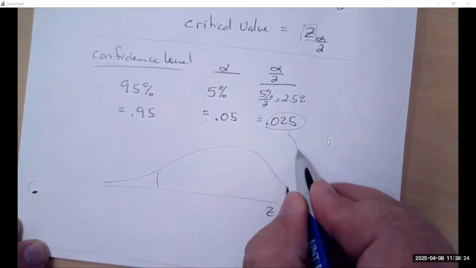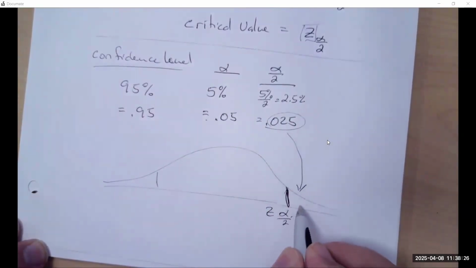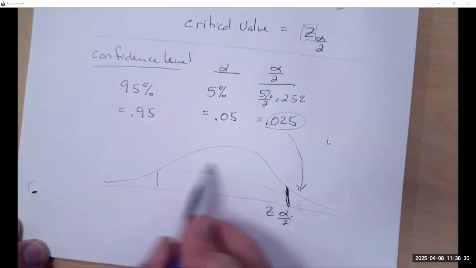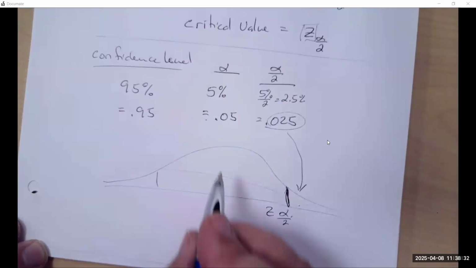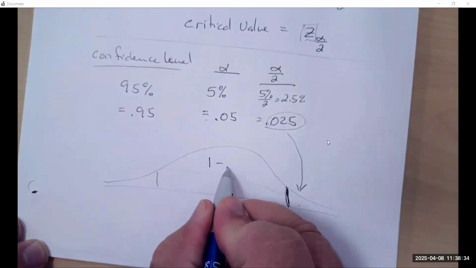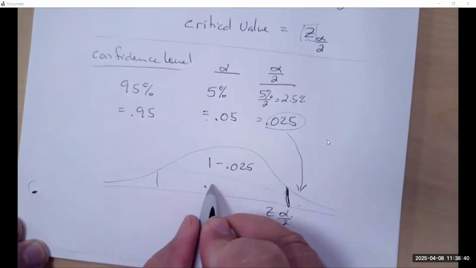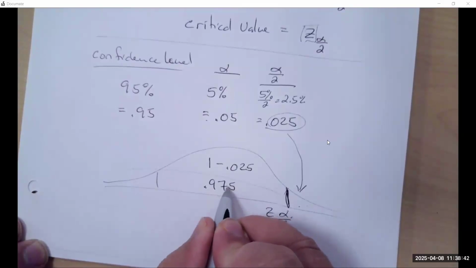So if this is 0.025, what's this whole area? 1 minus 0.025, which makes it 0.975.